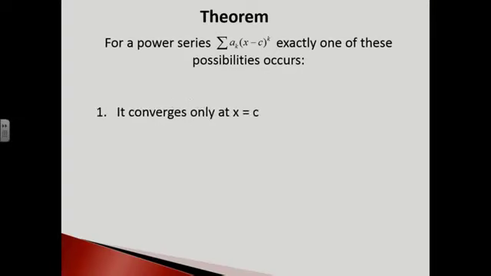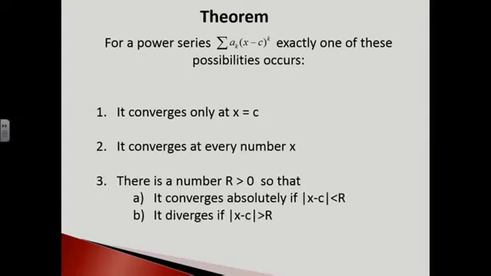One. It converges only at x equals c. Two. It converges at every number x. Three. There is a number r greater than 0, so that a. It converges absolutely if the absolute value of x minus c is less than r. b. It diverges if the absolute value of x minus c is greater than r.